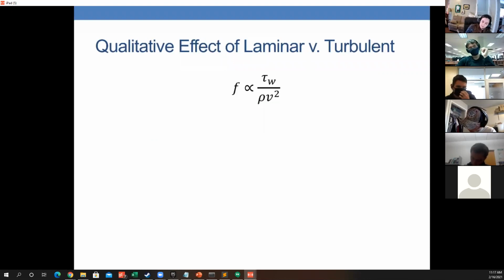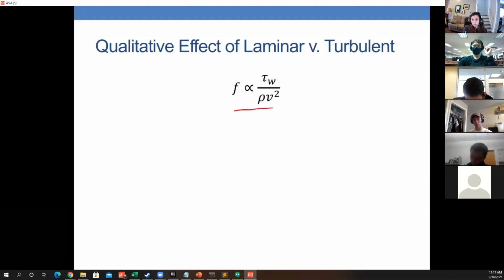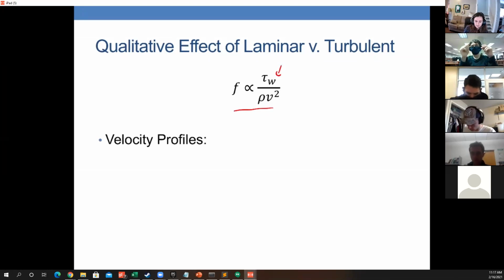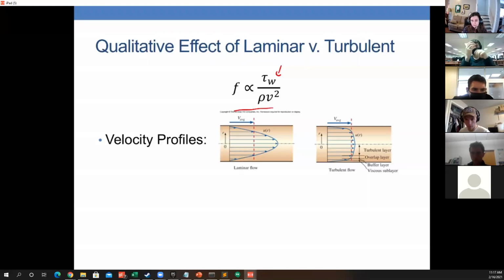So remember that the friction factor is defined this way. We did dimensional analysis to figure out what the friction factor would be by non-dimensionalizing that shear stress on the wall. So velocity profiles affect what the friction factor is going to be.